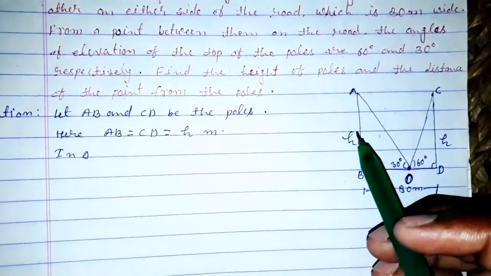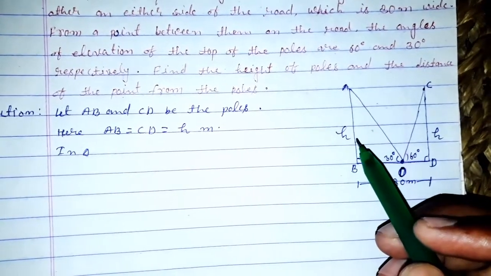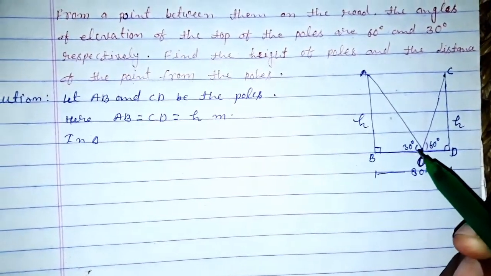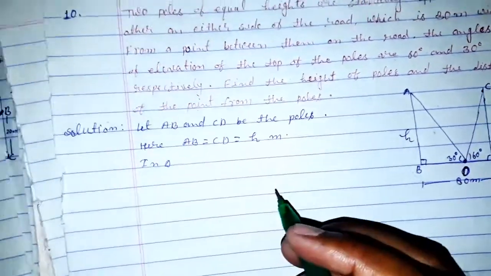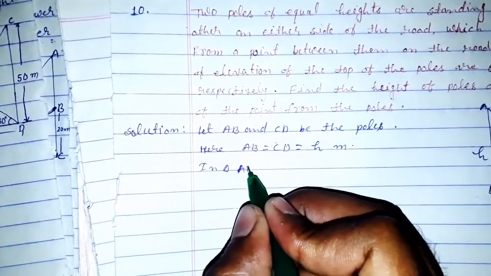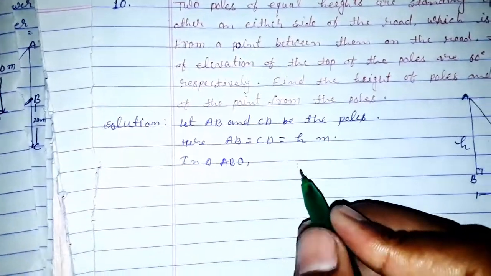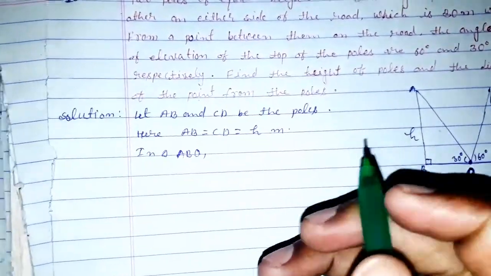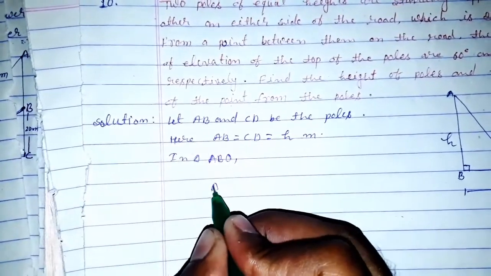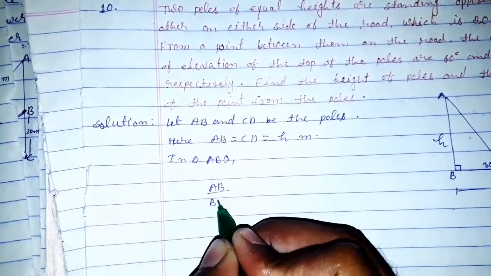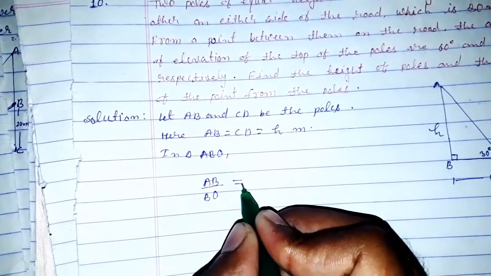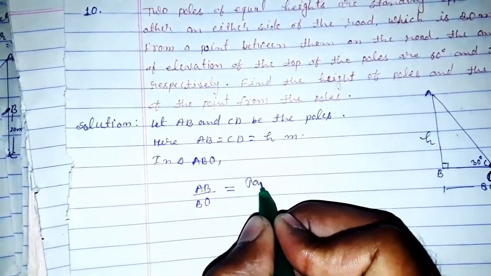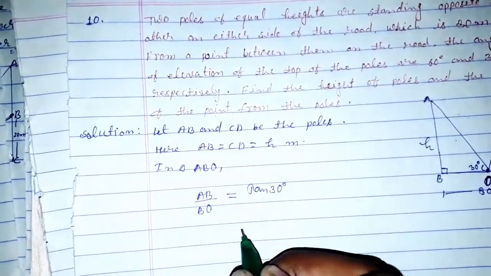The height is the same, so let the height be h. In triangle ABO, take the ratio AB upon BO, which is equal to tan 30 degree.